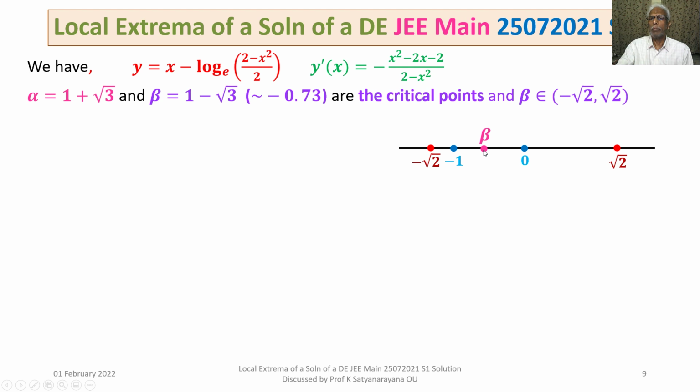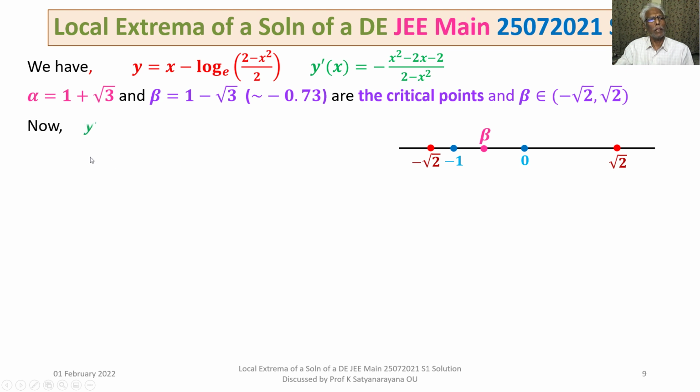You take a point immediately next to beta, very close to it. In our case, minus 1 we have chosen, and to the right of it, the integer 0 will be a little closer to it, therefore we have considered 0.